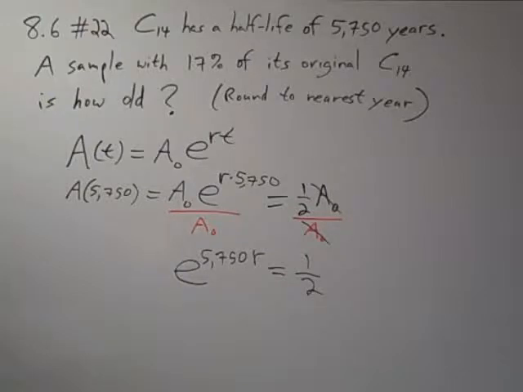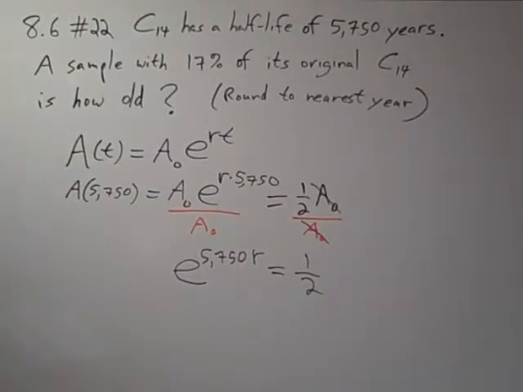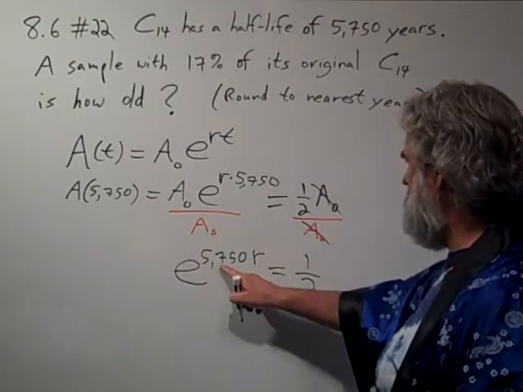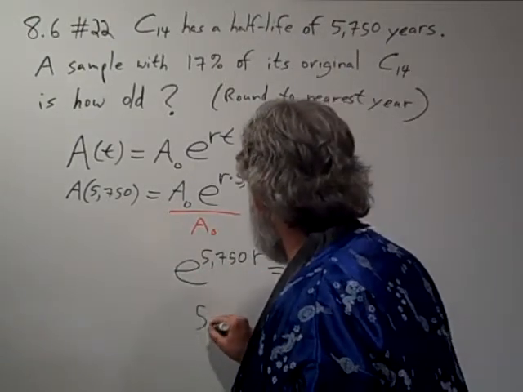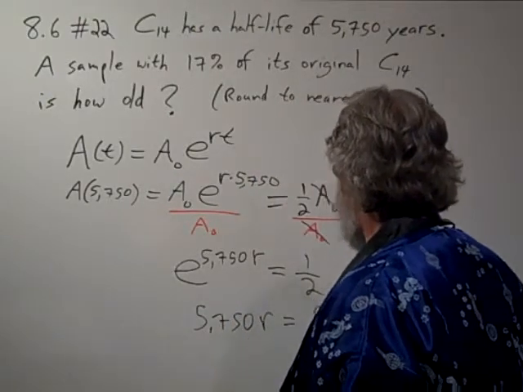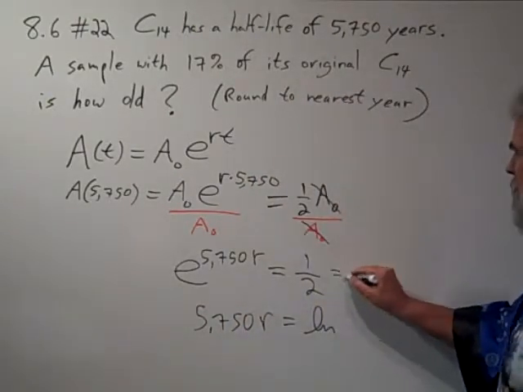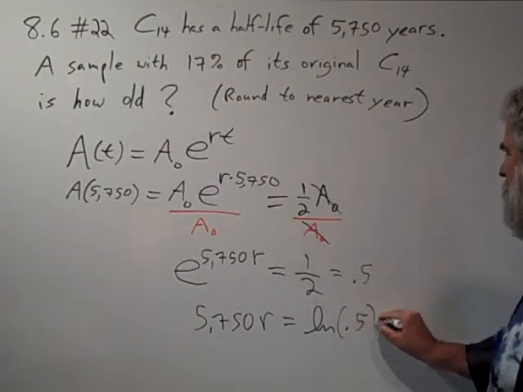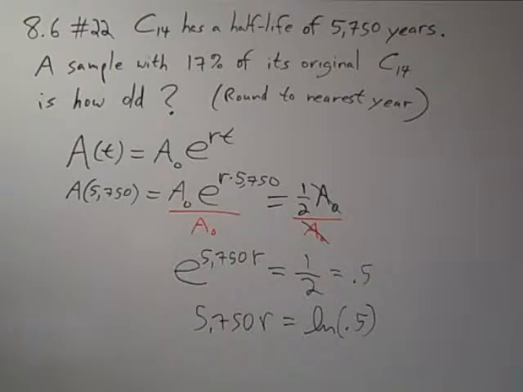And so to solve for r, we can simply take the natural log of both sides of this equation, or equivalently, write this in logarithmic form. The natural log of e to the 5,750r is 5,750 times r. That'll be the natural log of 1/2. 1/2 is 0.5, so it's the natural log of 0.5 as well.